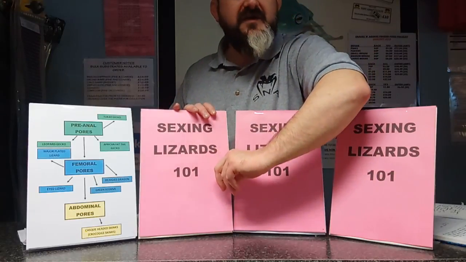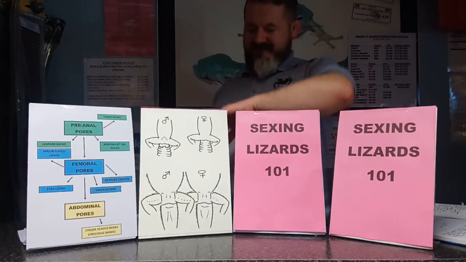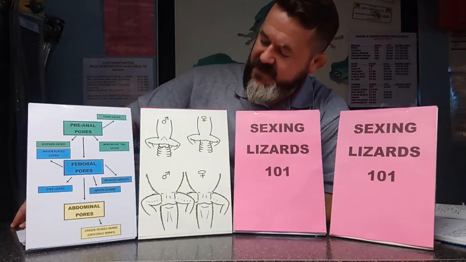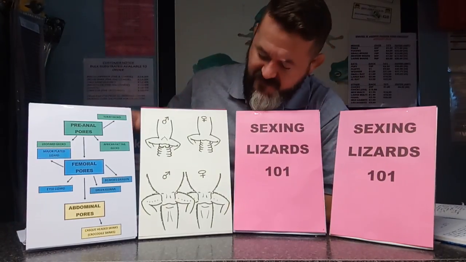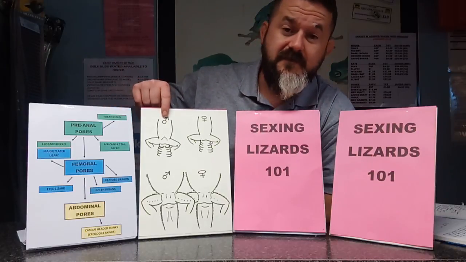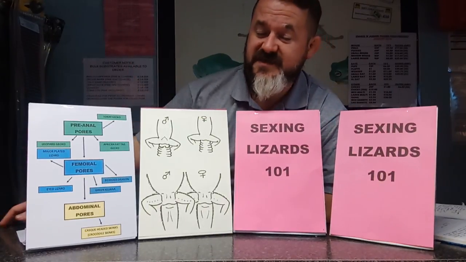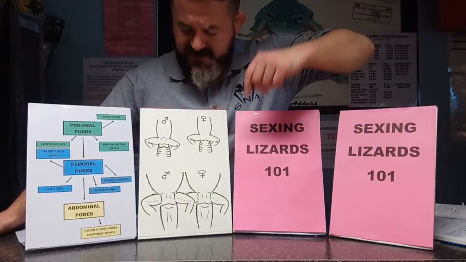So I have done some horrendously bad drawings that hopefully will aid us in the identification of these things. What we're looking at here is some very crude illustrations of a male leopard gecko and a female leopard gecko, genus Eublepharis, species macularius.